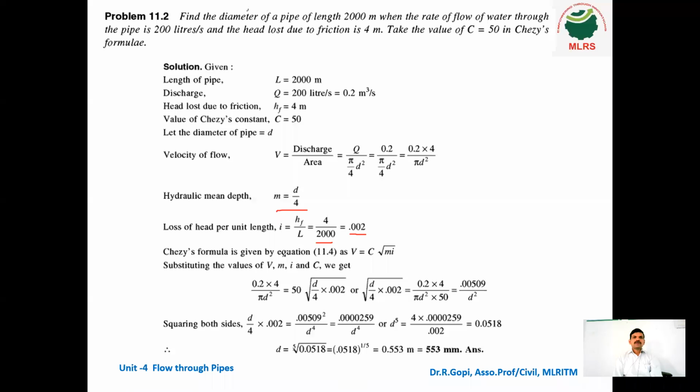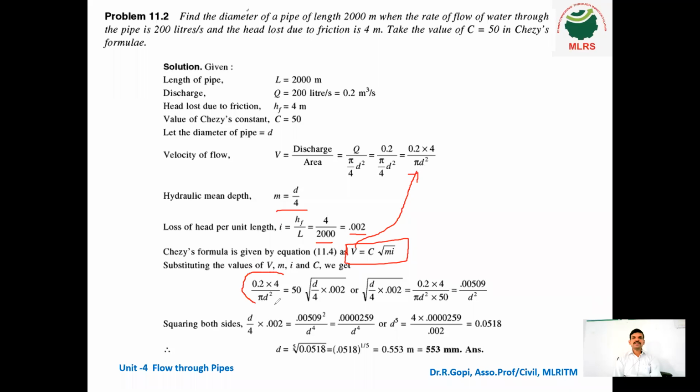Now write the Chezy's formula. We know that Chezy's formula is V is equal to C root mi. Substitute all the values you found previously in this equation. What is V? V is 0.2 into 4 divided by pi into D square.